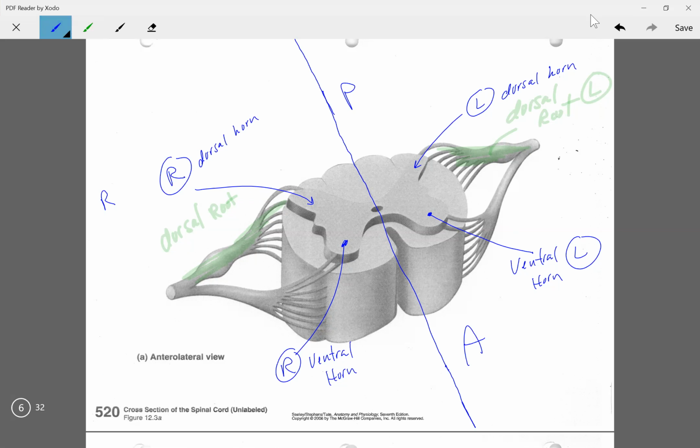Here's that ganglion right there that I was talking about earlier. So that's the dorsal root ganglion.